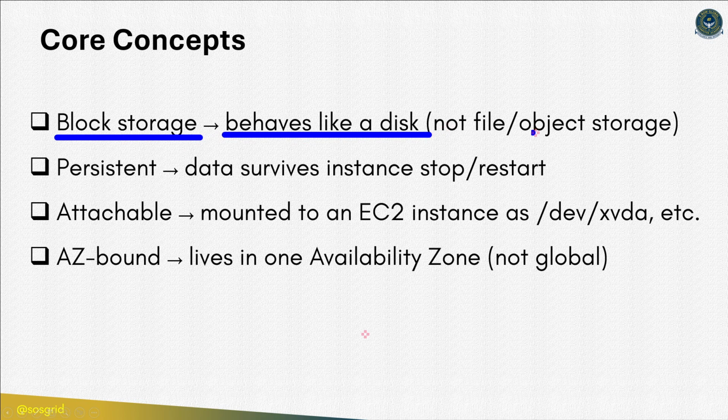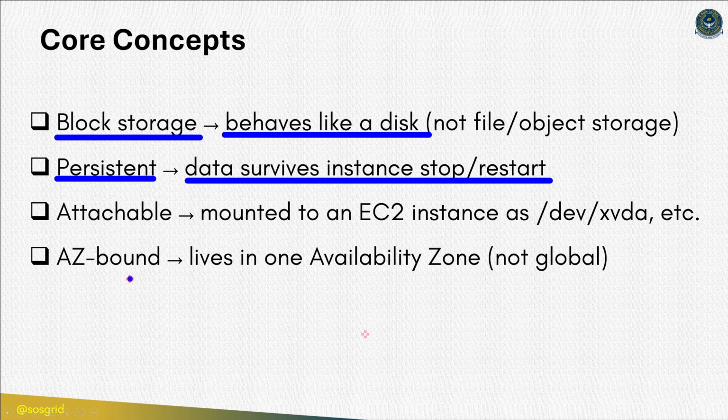Okay, but it's not used to store pictures or images. It's more used to store or set up your operating systems, or store databases or application data. And persistent simply means that data survives even if you start or stop your instance, or even if you delete your EC2 instance, that is your virtual computer on AWS, you can still maintain the EBS.